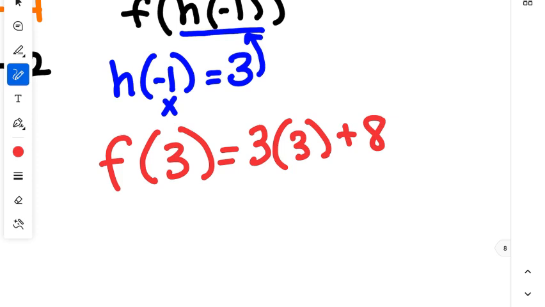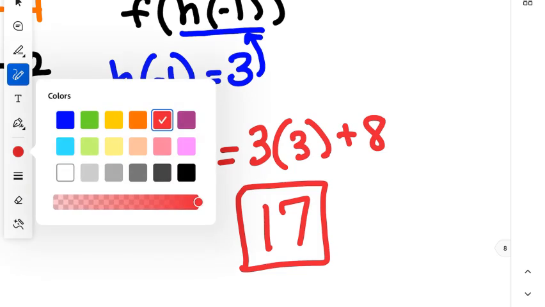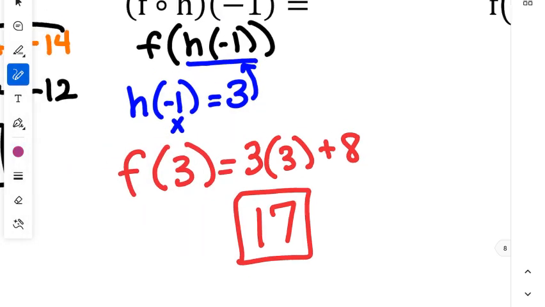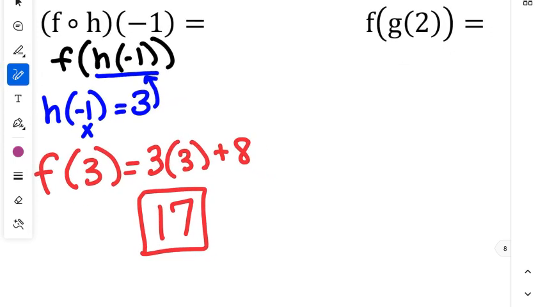So go ahead and do that with the calculator or in your head. Okay, go ahead and do the next one. Actually, the next 2. I'm going to let you do the next 2.